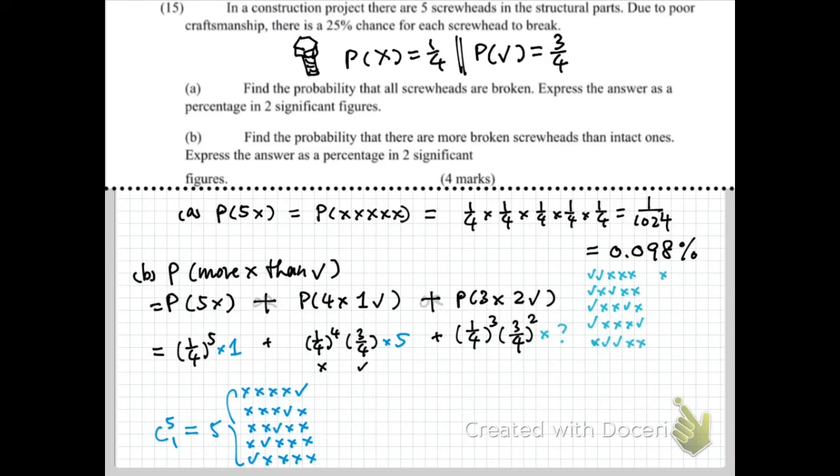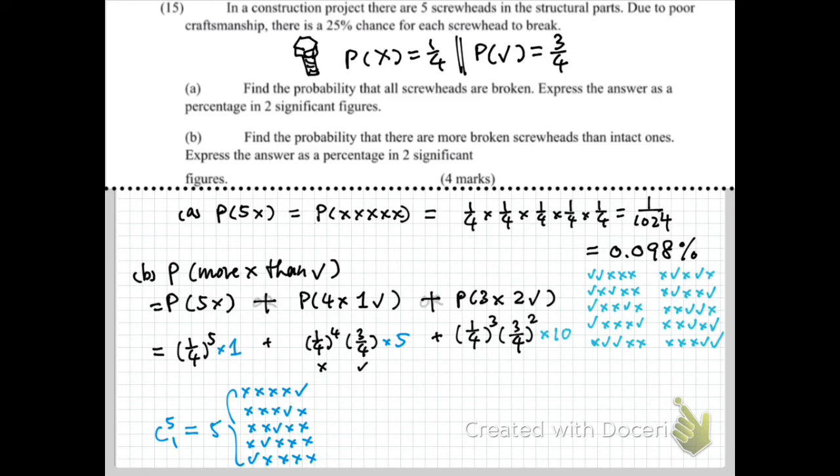It's quite a lot of counting indeed. And how about this one? I try not to repeat the possibilities, and also maybe this one. Oh, okay, I get the hang of it. This one, and finally this one. I counted 10. This branch is going to repeat itself 10 times, 3 crosses and 2 ticks.